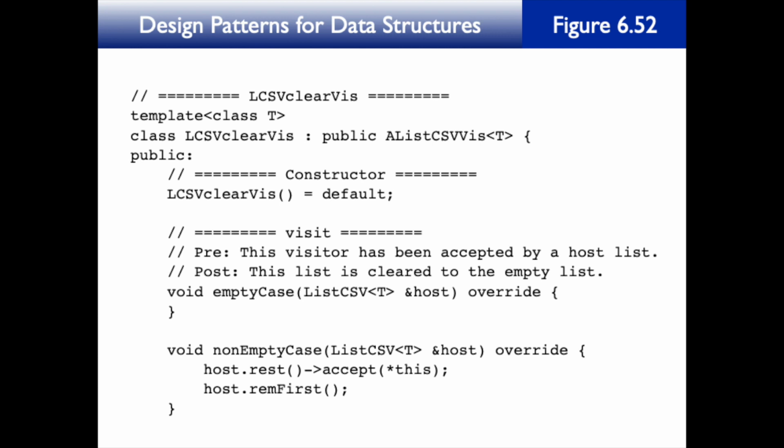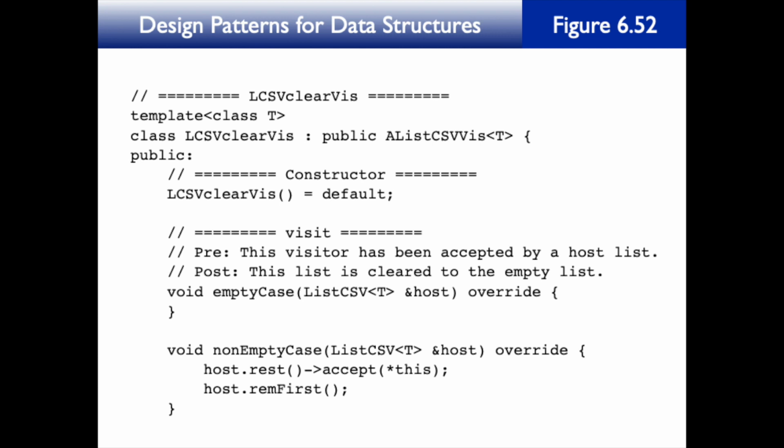And we say .accept star this. Now here again, what is this in general? This is a pointer to the current object. In this case, the current object is a visitor. So this is a pointer to this visitor, and star this is a visitor. And that's precisely what accept takes. And so when accept takes this visitor, it will recursively clear the rest of the list.